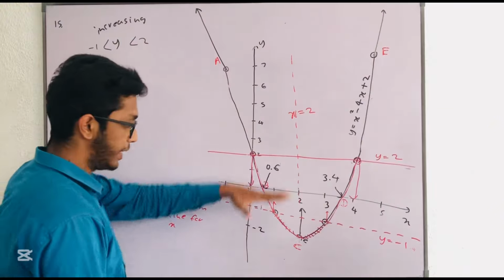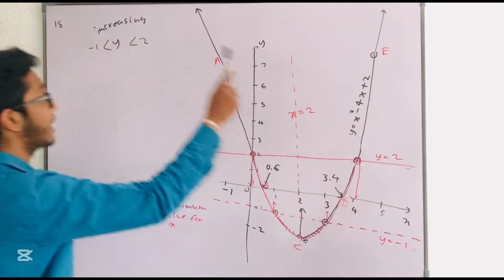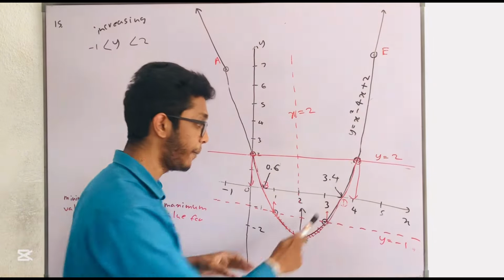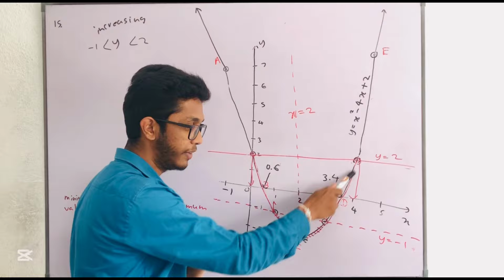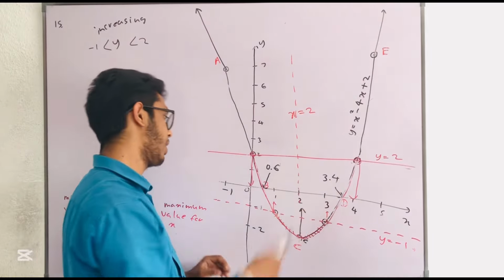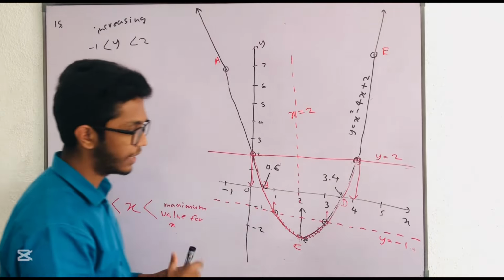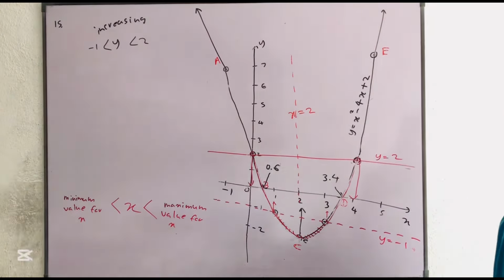So in between these two lines we have a decreasing part and an increasing part, and they ask us to consider the increasing part and get the x value range of it. So that means from here to here we have to consider in the graph. I told you how to get the x value ranges. So before that, this is the part that we should consider in this graph.